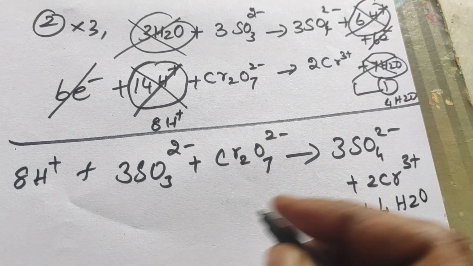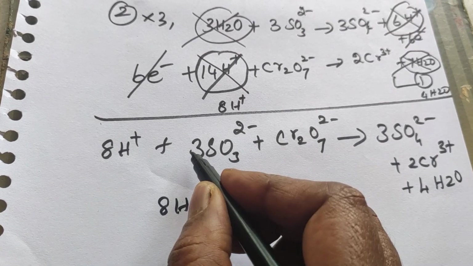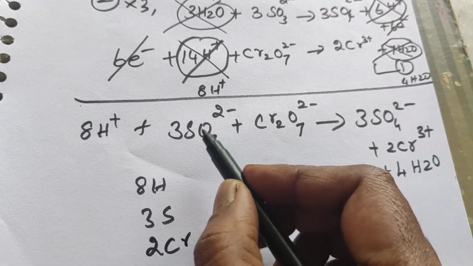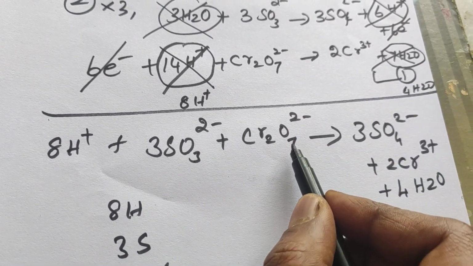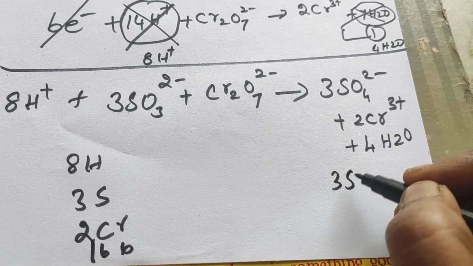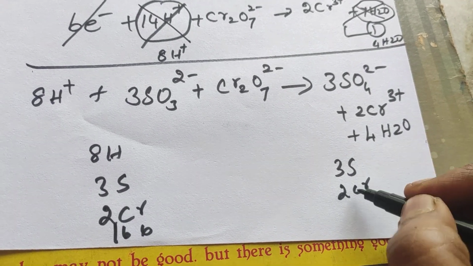Now you can check whether the balancing is correct or not. The reactant side: 8 hydrogens, 3 sulfur, 2 chromiums, and oxygen 3 threes are 9, 9 plus 7, 16 oxygens are there. The product side: 3 sulfur, 2 chromiums, 4 twos are 8 hydrogens.